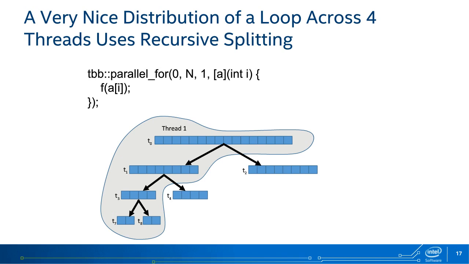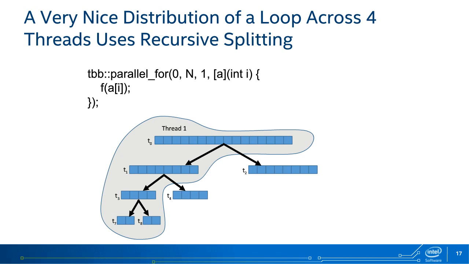Okay, so at the bottom we have this diagram. What this represents are the different tasks that the threads may execute. Each task is labeled T0 through Tn. Initially, when this loop is encountered, there is task 0. Task 0 represents the entire iteration space, so 0 to n.